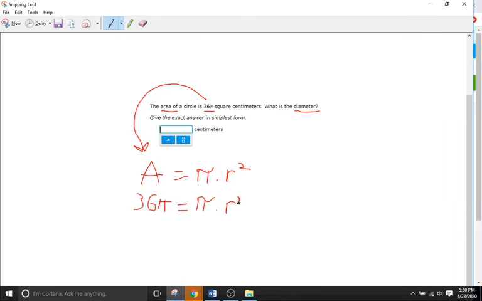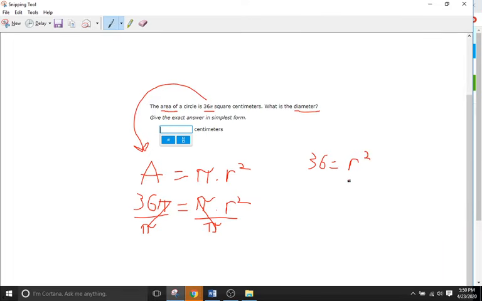r squared. Okay. To get r squared by itself, we got to get rid of the pi. Since we're multiplying, we have to divide, which is the opposite. Okay, so pi's cancel out, pi's cancel out. So we're just left with 36 equals, all we have left is r squared.